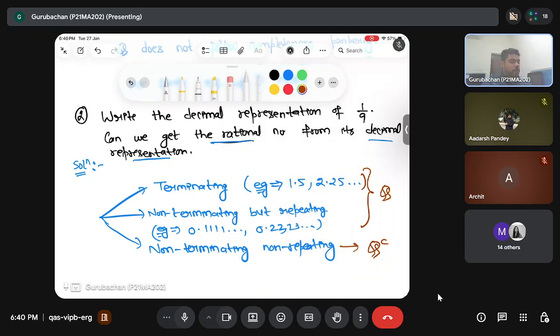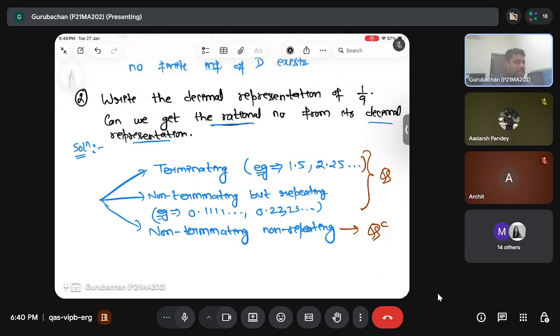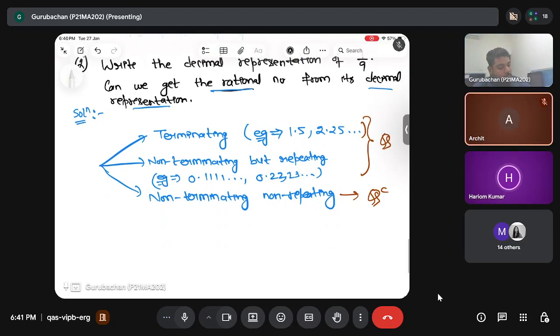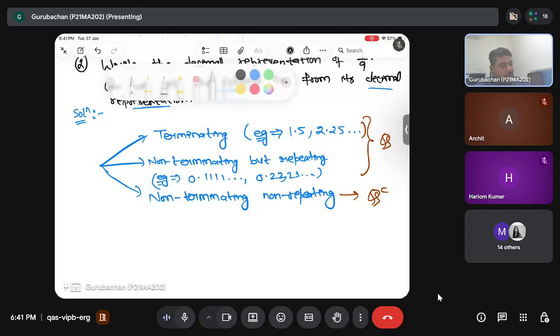So what will be the decimal representation of 1 by 9? 0.111, and so it goes on. Does anyone have a doubt in this?